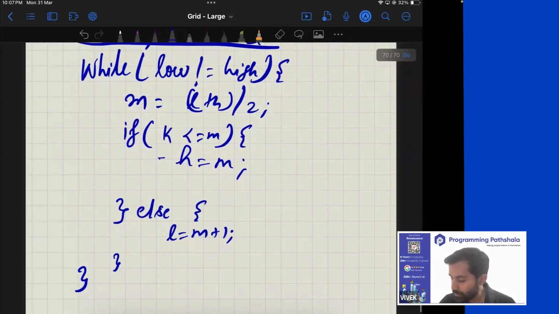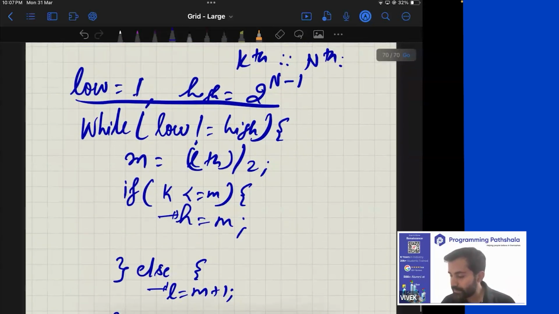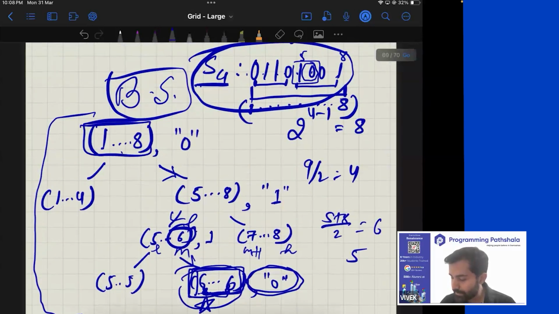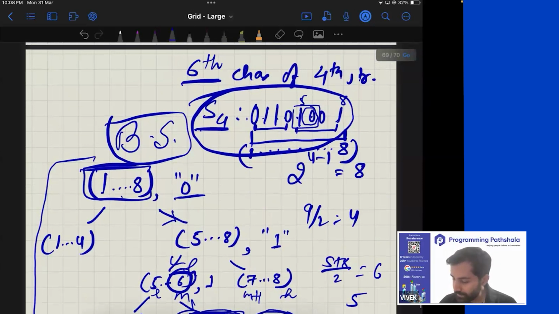Okay, so this is how our high and low are changing. This is how we are either going to the left side or right side. Should something else also change? Yes, the current representation. Initially the entire string is representing 0. Now we have realized that if the current string is 0, and if we are going left, it remains 0.